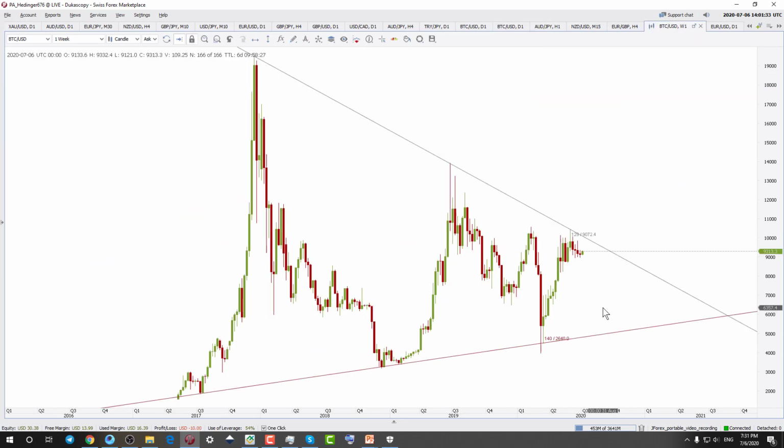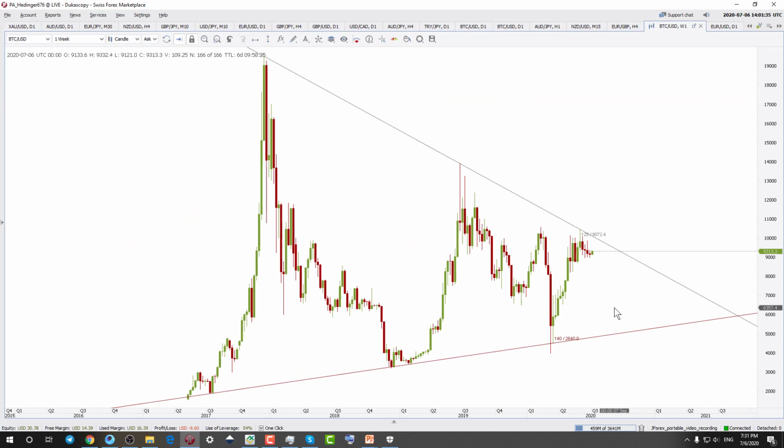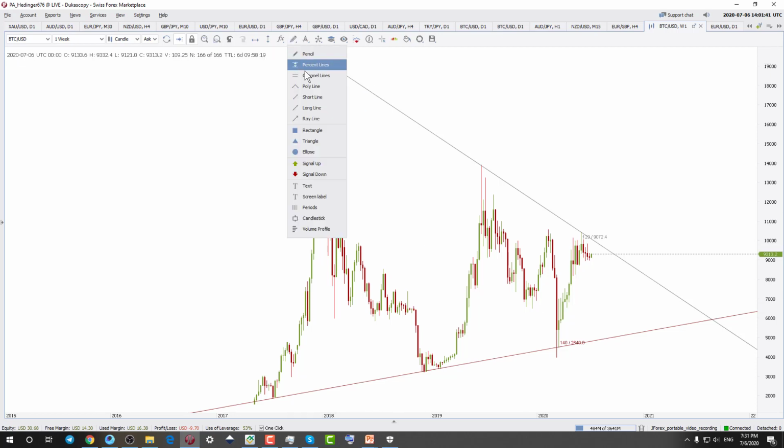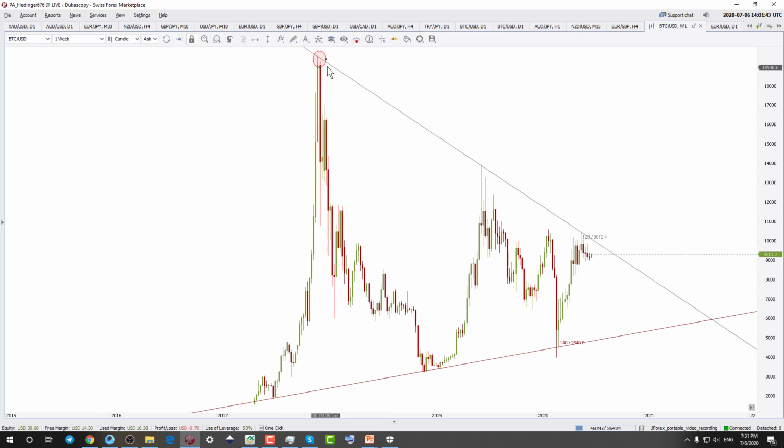Okay friends, this is the weekly chart of Bitcoin versus the US dollar. After making this significant high here, the price made a lower high here, and then made another lower high here. When we join these two lower highs, we get this line.